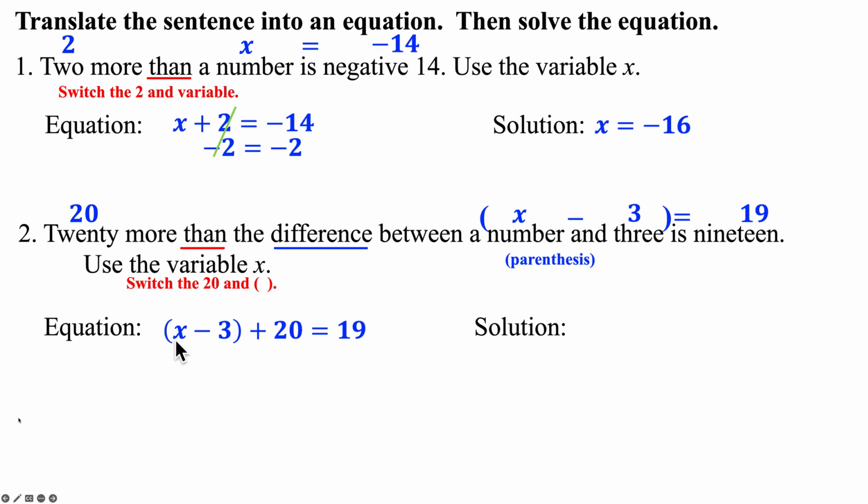So really we don't need the parentheses. Nothing's being multiplied, so we can drop those and combine the two terms. Minus 3 plus 20 will be a plus 17. We'll subtract the 17 from both sides. That will cancel that out. And x is going to equal 2. And there's our solution.